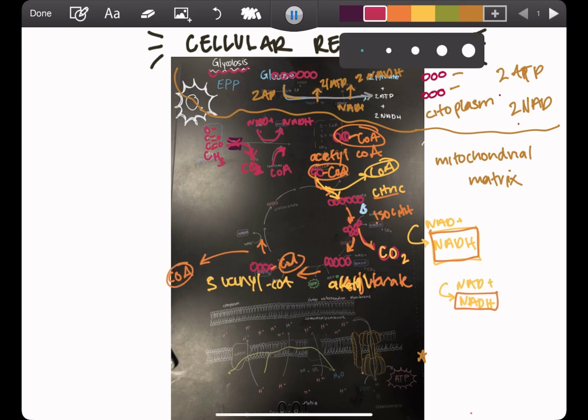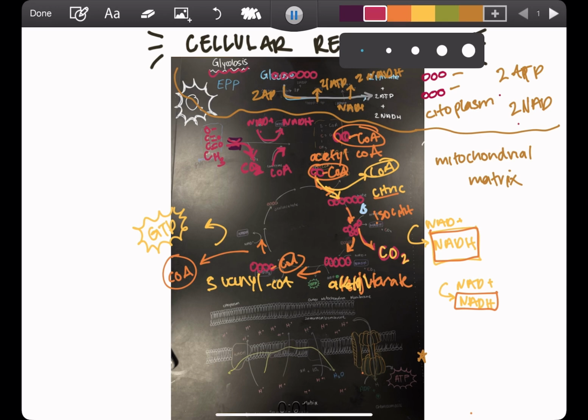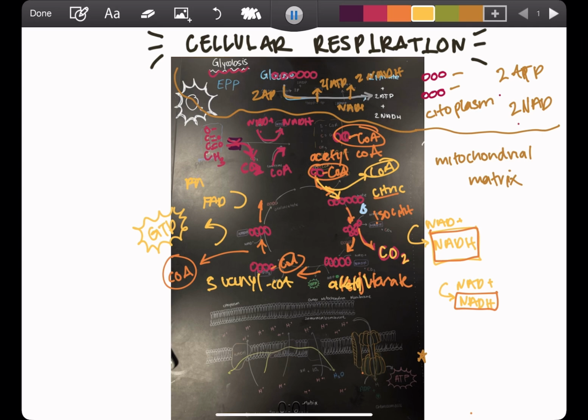In the next step, GTP is produced through substrate-level phosphorylation, and this reaction is catalyzed by succinyl-CoA synthetase. Then the succinate is oxidized to fumarate, and during this process, FAD gets converted into FADH2.